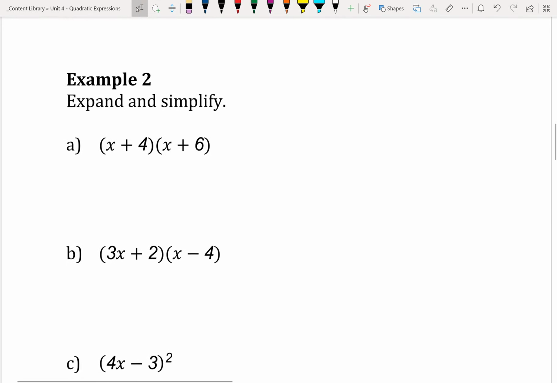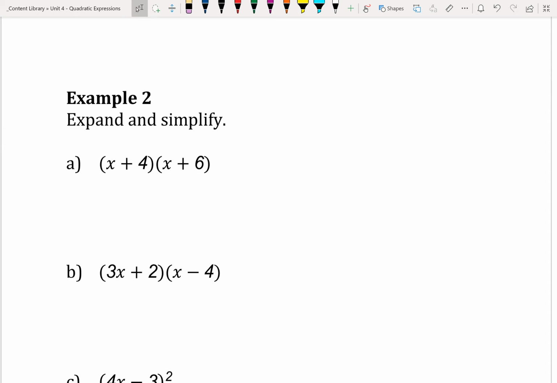So example number 2, we're going to go through and we're going to expand and simplify. I'm going to avoid showing the visual way, but I will show the box and the FOIL method. So if I make my box for the box method, I put one bracket on top and I put the other bracket on the side, and on the inside I treat it like a multiplication table. x times x gives me x squared, 4 times x is 4x, 6x, and then 24.